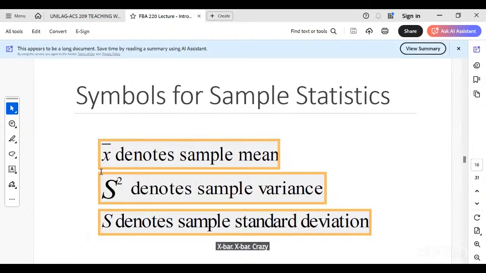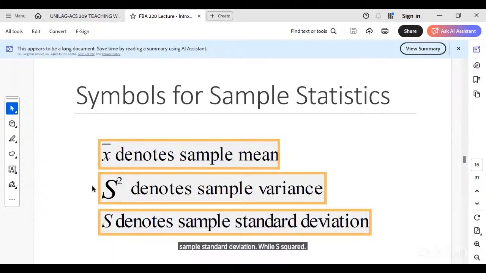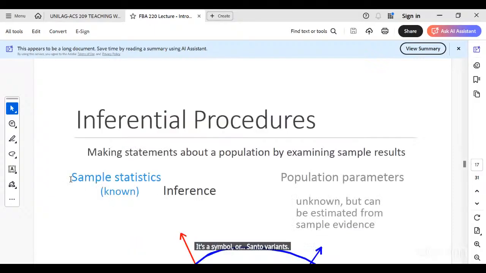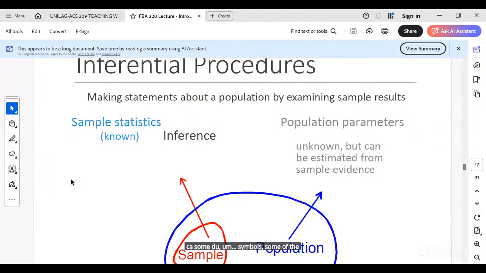X bar is a symbol for sample mean. S is a symbol for sample standard deviation, while S squared is a symbol for sample variance. These are some of the symbols, some of the terms that we'll be getting used to. Okay, so inferential statistics.